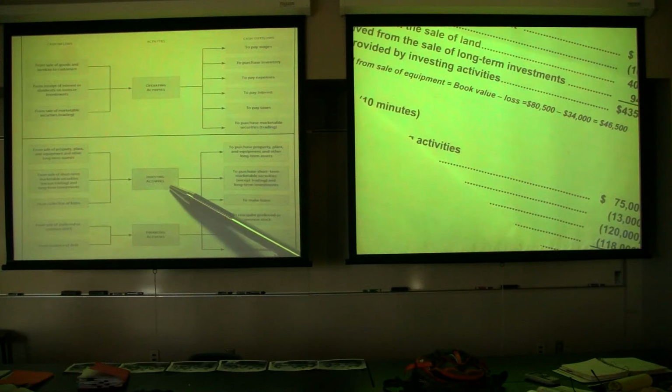If you collect loans, that's investing. If you borrow money or pay back borrowed money, that's financing activity. So financing activities: from the sale of preferred and common stock, from the issuance of debt, and money out to reacquire preferred or common stock, we're talking about treasury stock, to repay debt, to pay dividends.